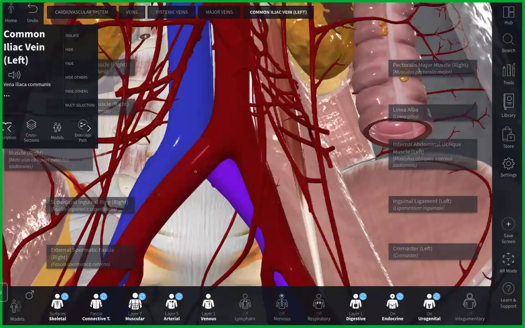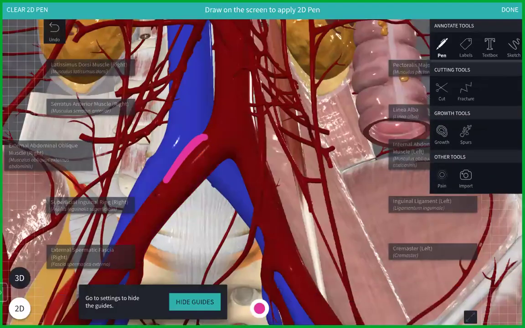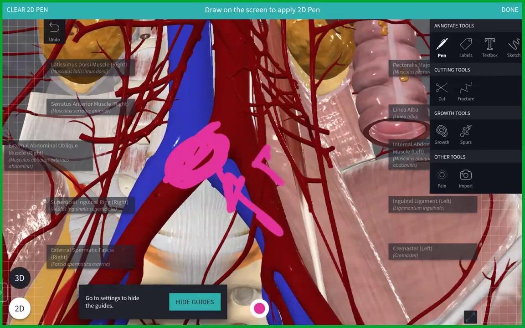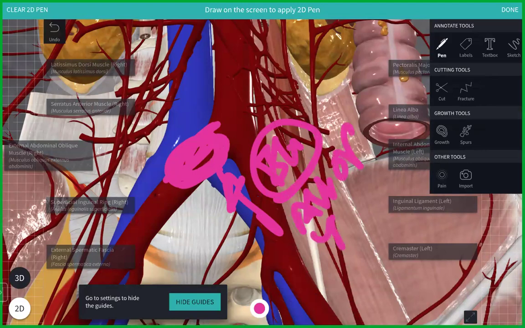See, if we have a dilatation or aneurysm here, this venous drainage will be blocked, and all of your left leg will be deprived of venous drainage. So you will have edema of the whole left leg.